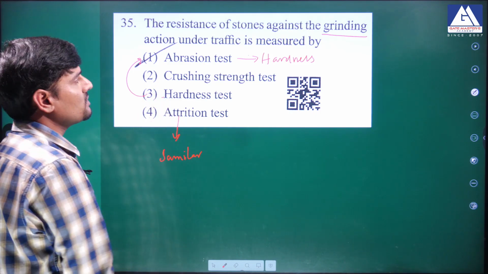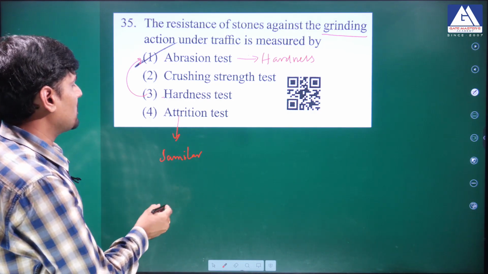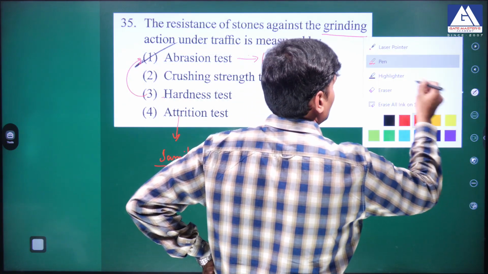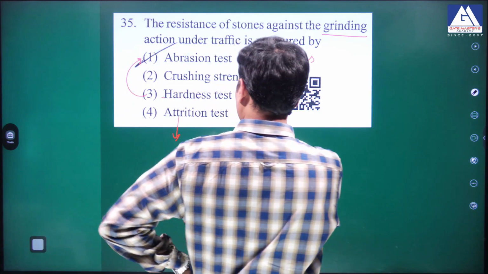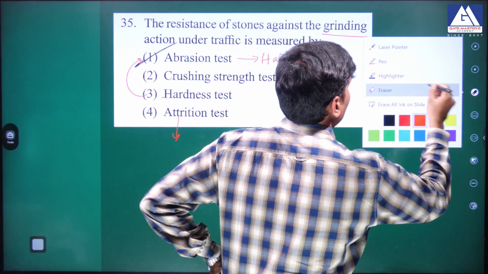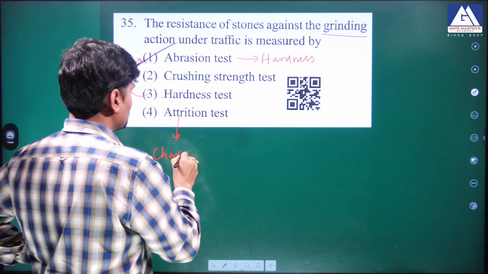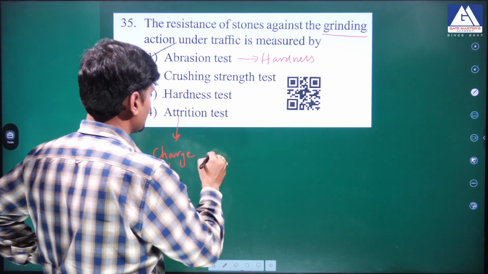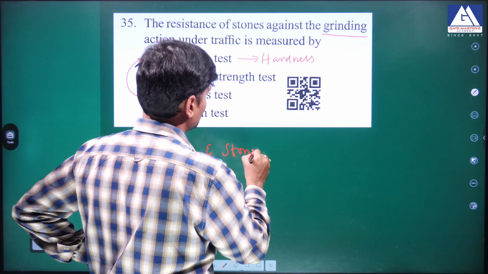And the second option is all about the compressive strength. So attrition is the interaction between the charge, which can be either sand or something else, and the aggregate stones.